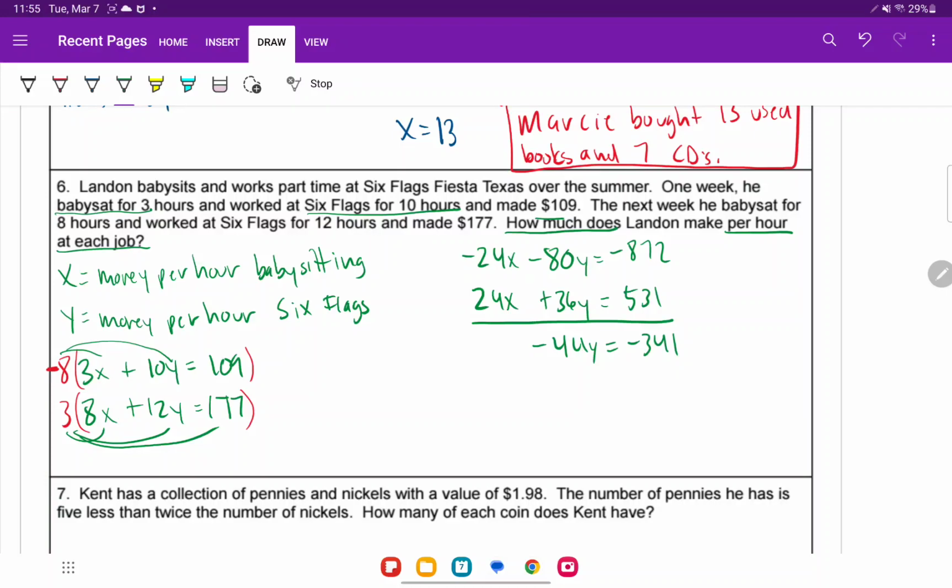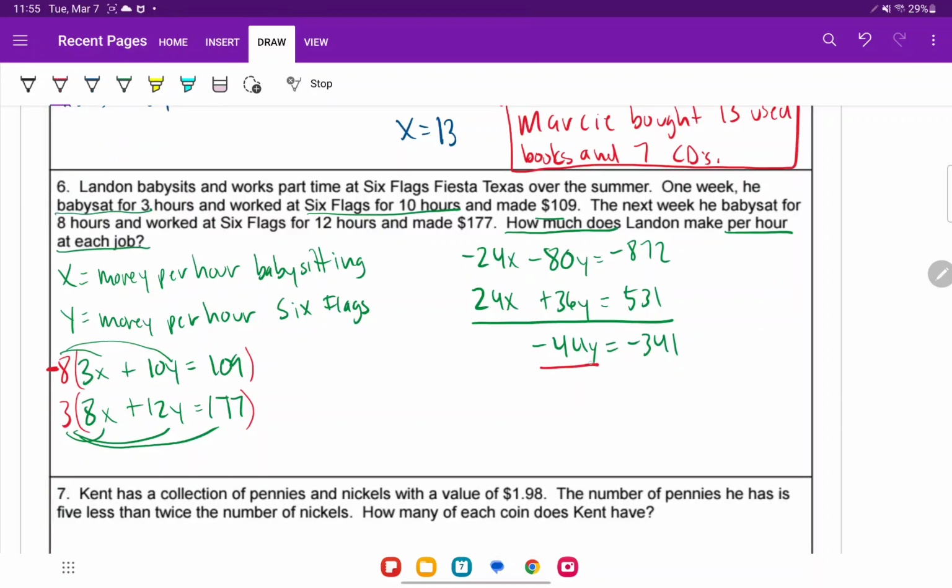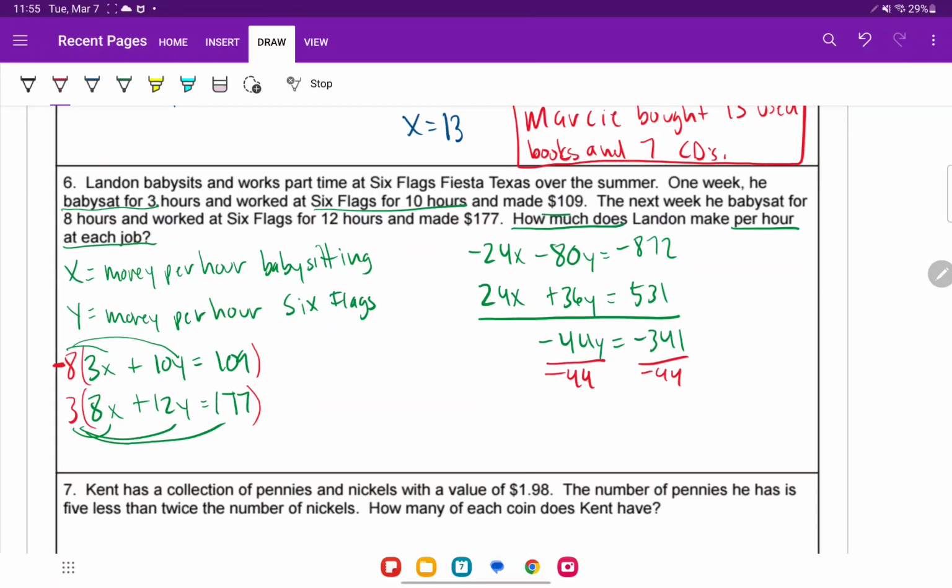So last, we're going to divide both sides by negative 44. So negative 341 divided by negative 44 is going to be 7.75. So y equals 7.75.